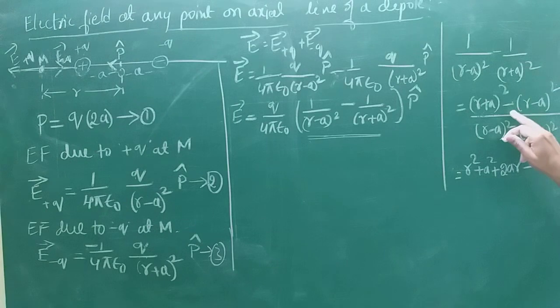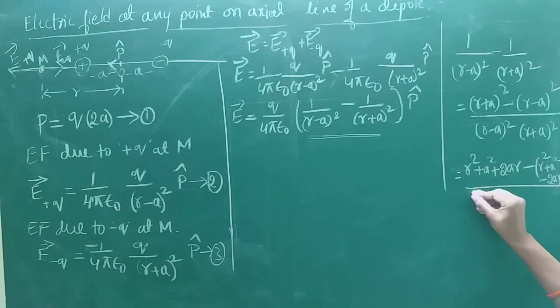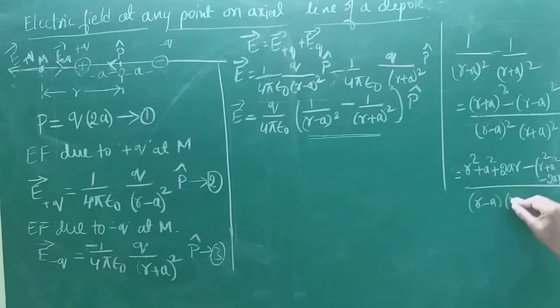So we write minus of that as minus of (R square plus A square minus 2AR), divided by, we can take this as a whole common, so (R minus A) into (R plus A), I mean this individual, instead of writing the square individually, I will write the whole square, right?